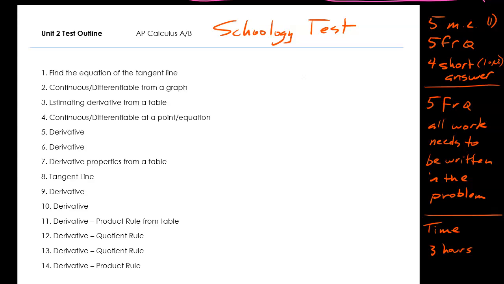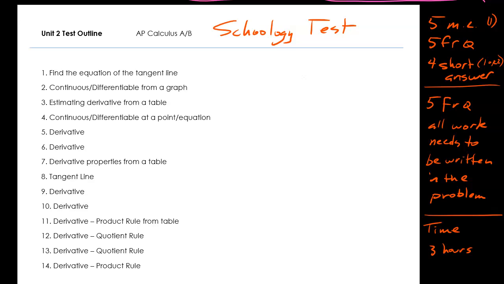I don't remember off the top of my head which ones have trig. But any one of these could have trig derivatives, because the whole unit is about derivatives. And so today we learned all 6 trig derivatives. So you could be asked about any of them. So basically just have those 6 trig derivatives written down. And while you're doing a derivative, if it asks you for the derivative of cosecant, you just look up what the derivative is and put that in place of it.